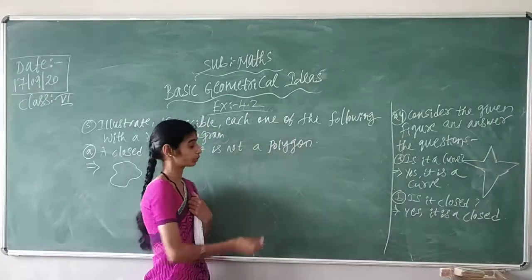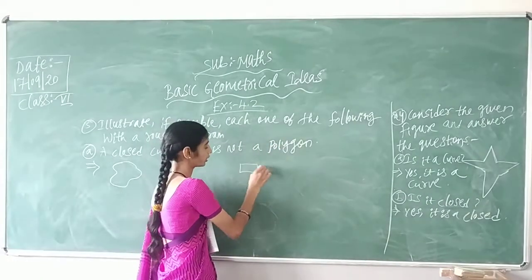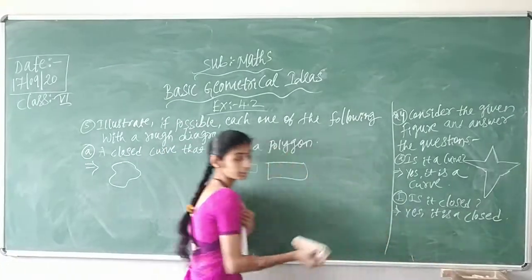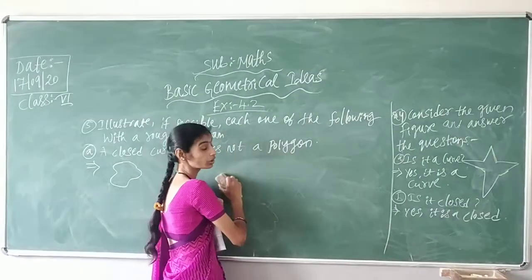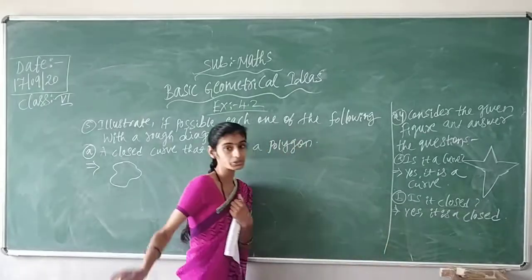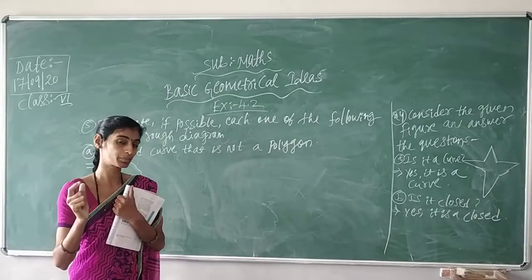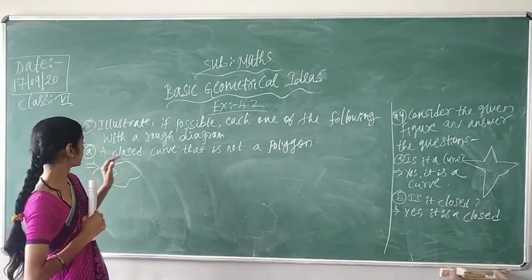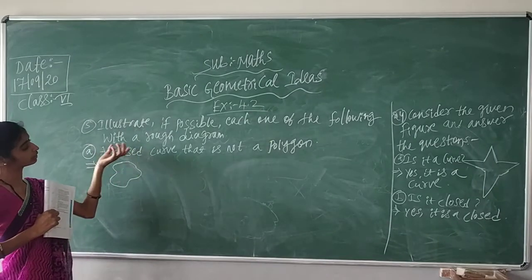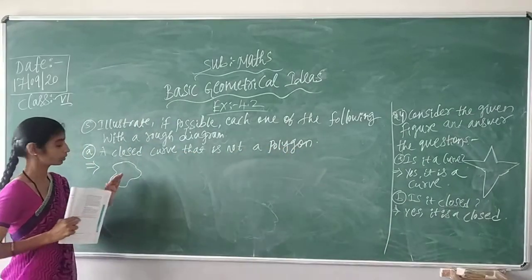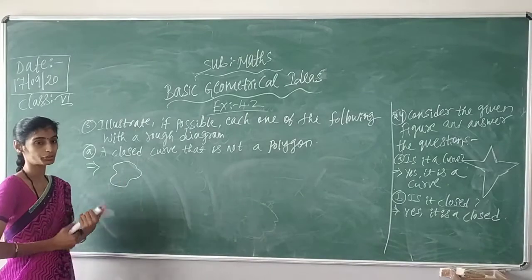If they have asked for a closed curve that is not a polygon, you cannot draw a square, a rectangle or a triangle, because these are all polygons. Why? Because they are made up of line segments. Though they are closed, they are made up of line segments. Here they have particularly asked for a closed figure that is not a polygon. So you should not use any line segment for it.